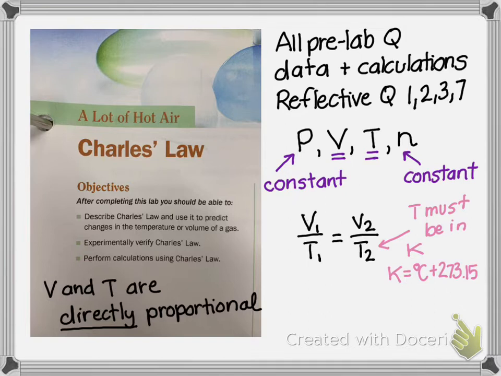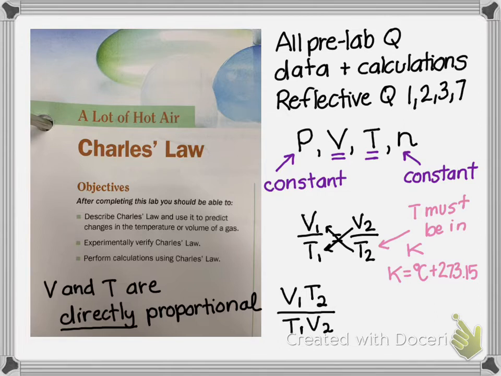Now for this lab, you're going to make measurements of the initial volume, the initial temperature, the final volume, and the final temperature. And how we're going to verify Charles' law is by mathematically rearranging. So we're going to cross multiply, and we'll have volume 1 times temperature 2, over temperature 1 times volume 2.